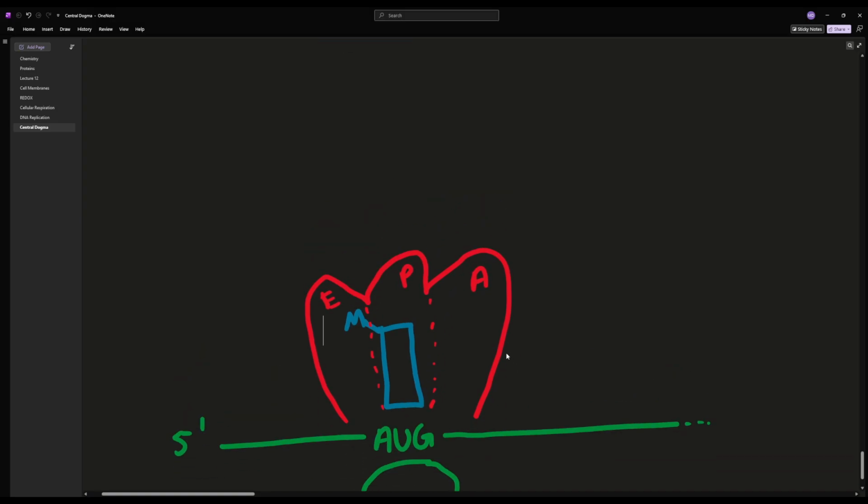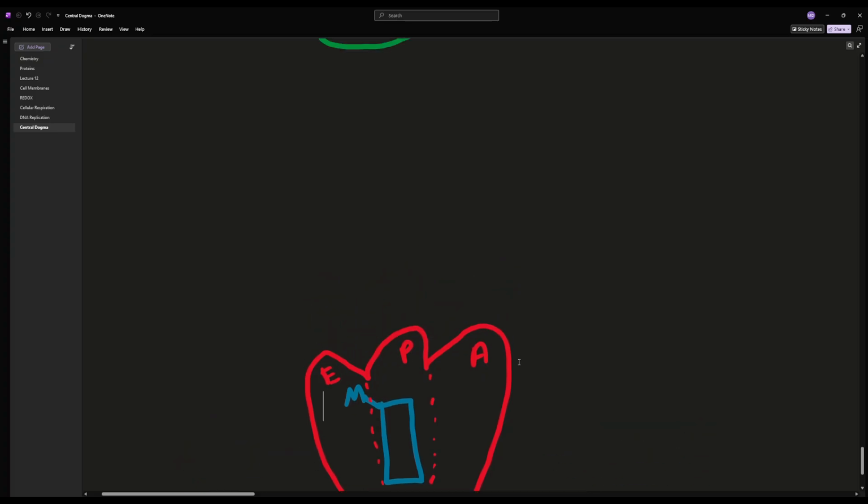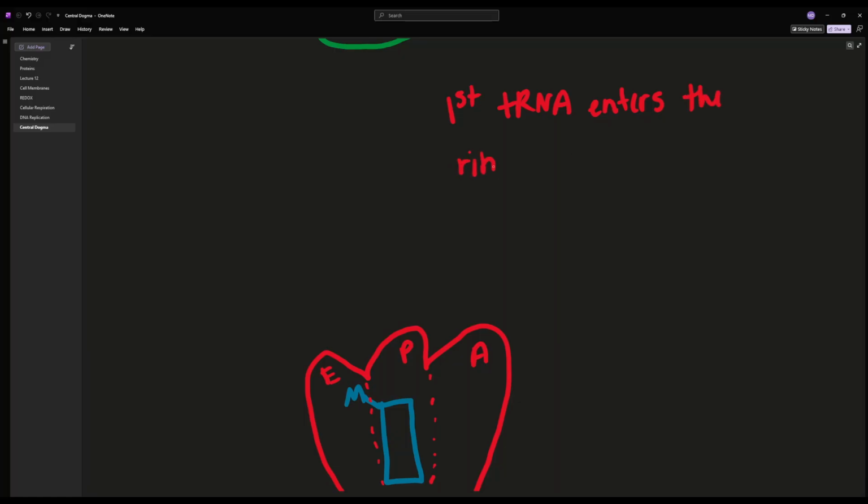Notice how the first tRNA enters the ribosome, specifically the large subunit, via the P site.